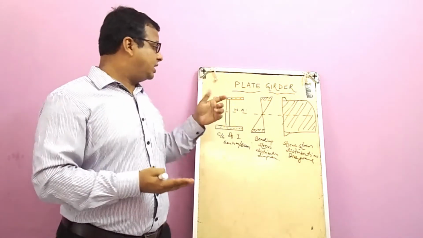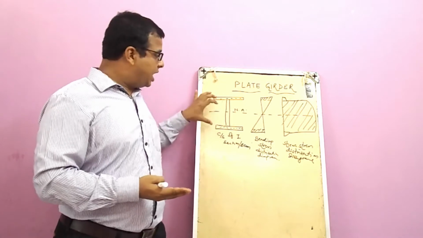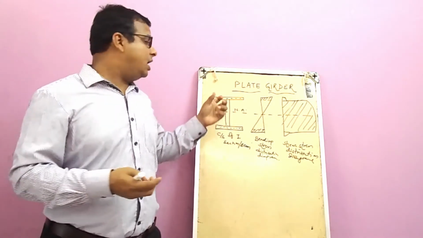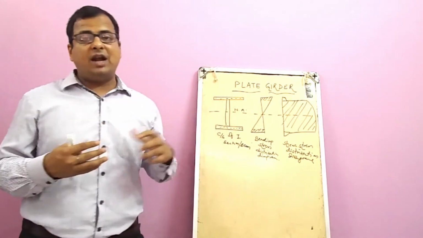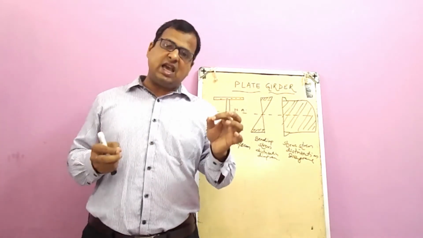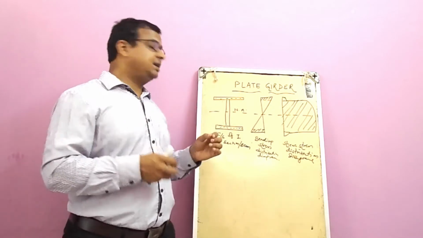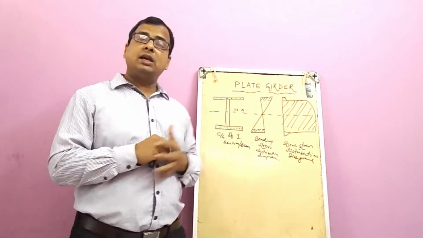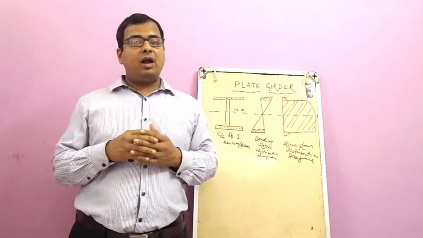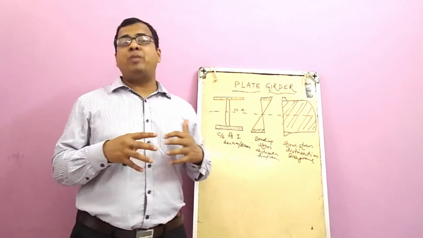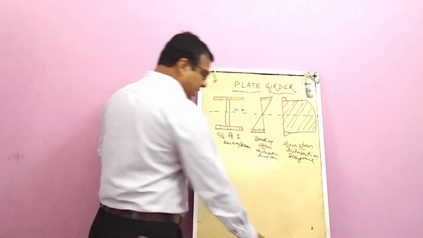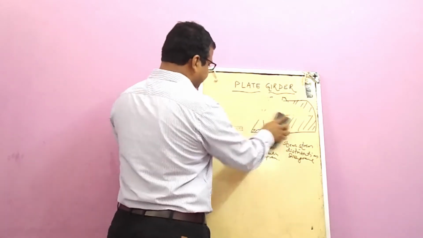Now when the height increases, what will happen? The lever arm will increase and the moment capacity of these flange plates with the same area will be much more. But at the same time, if we decrease the thickness, what will happen? This web plate may buckle. How may it buckle? Let us see.